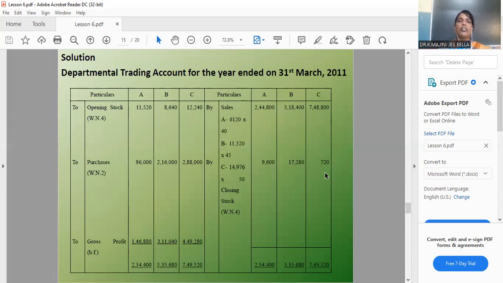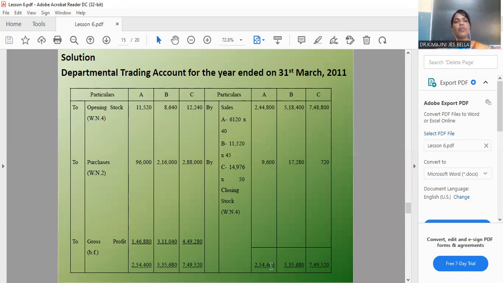Then we'll find out the gross profit or gross loss. Just total it, the credit side only is the higher value. Just you total it for department A. Department A, 2,54,400. From that amount, you should subtract the opening stock and the purchase.